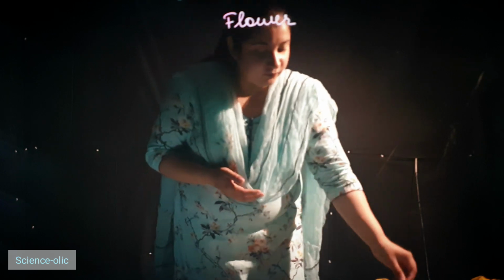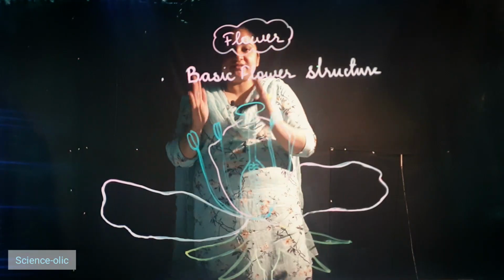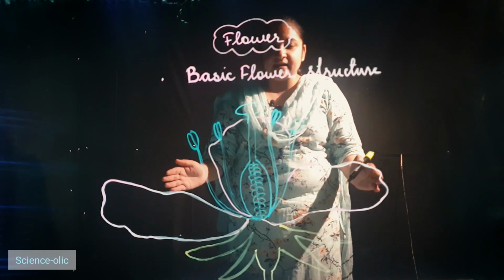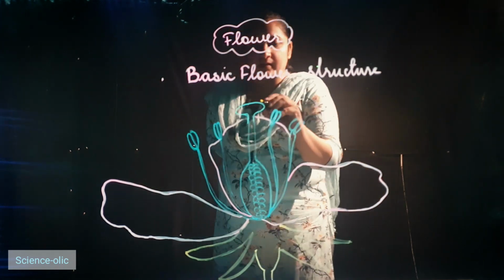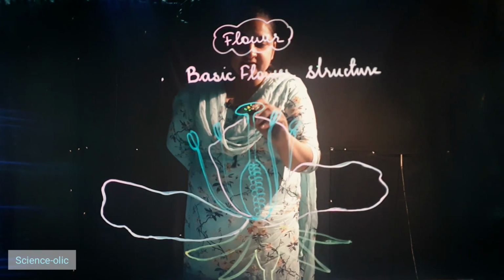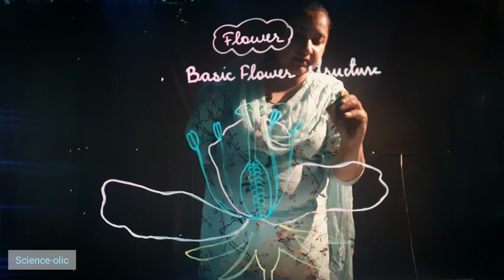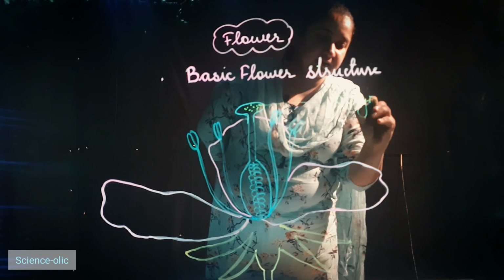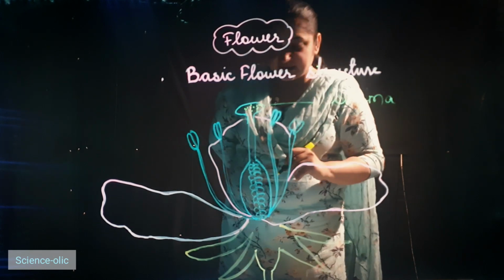Fine. Now we will understand it with the help of a diagram. This is the basic structure of a flower. Now I will label it. First I am labeling the female part. This is stigma.